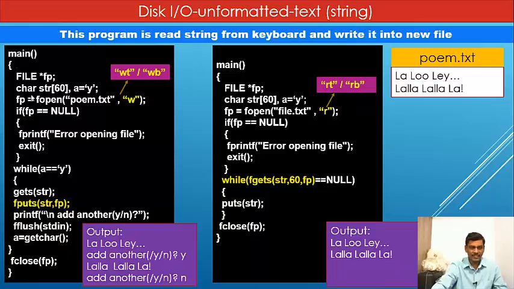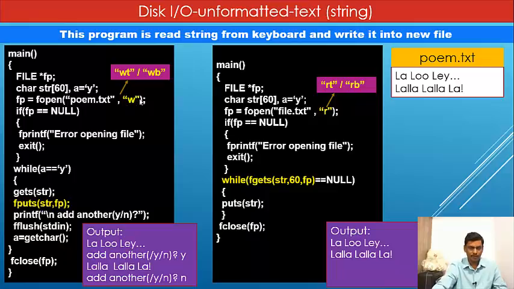In main, FILE star fp, char str of 60, a character array. A equal to 'y', where a is a character variable to which we assign y. Fp equal to fopen, file name is poem.txt, with mode w, the write mode. We can write w or wt, both are the same, because by default all modes are text.